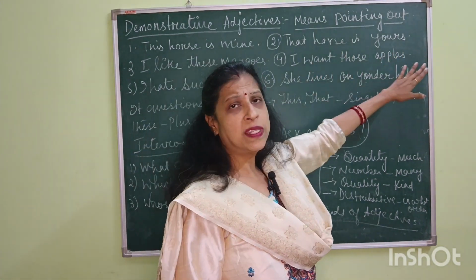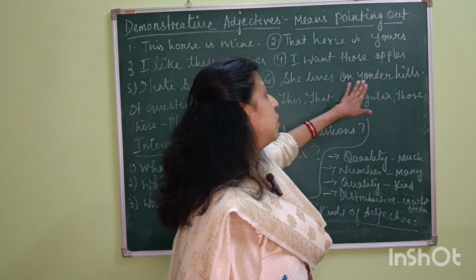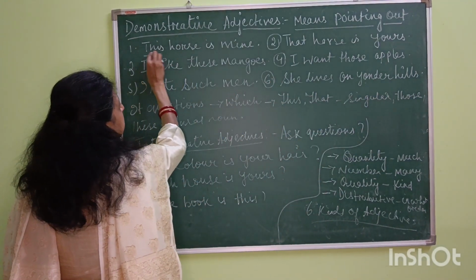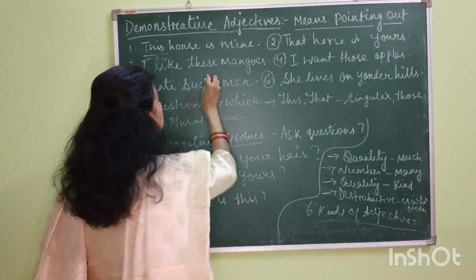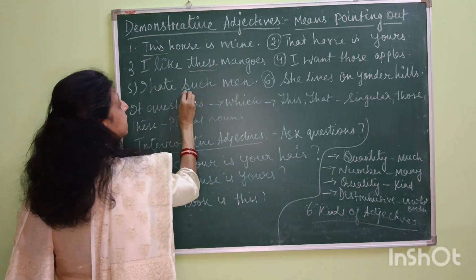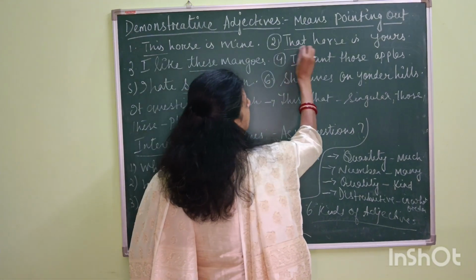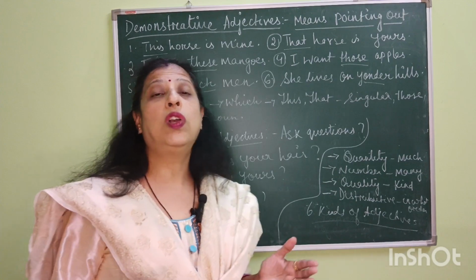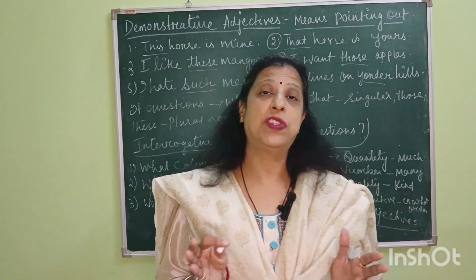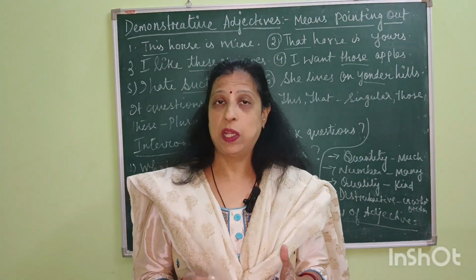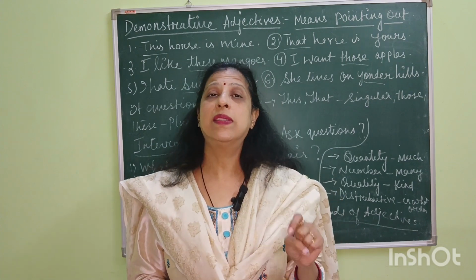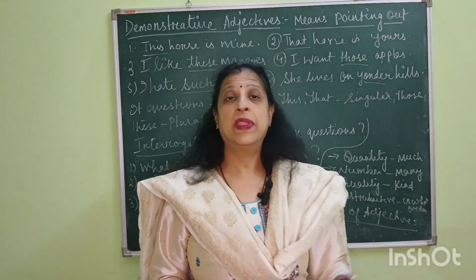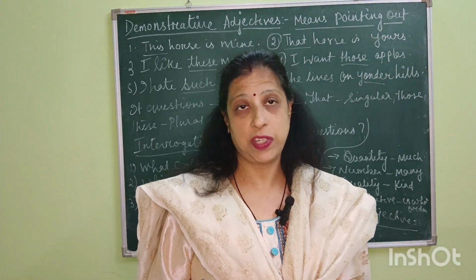I want those apples. She lives on yonder hills. Now here, children, this, these, such, that, those, yonder, these are all called demonstrative adjectives. Why is it? Because we are pointing towards something. Okay, when we are pointing out something, then that is called demonstrative adjective.